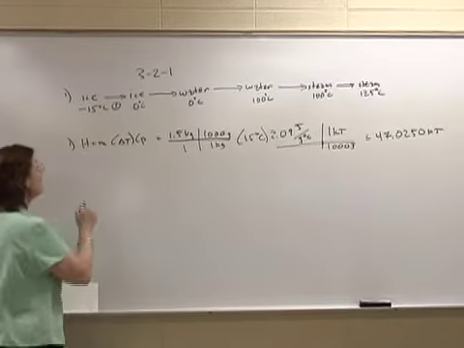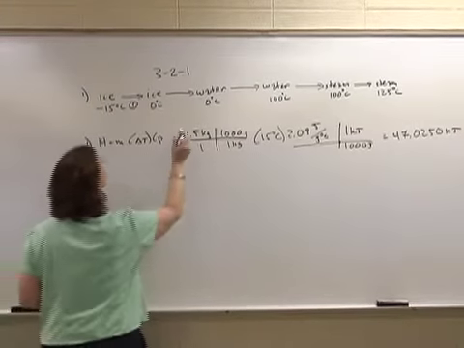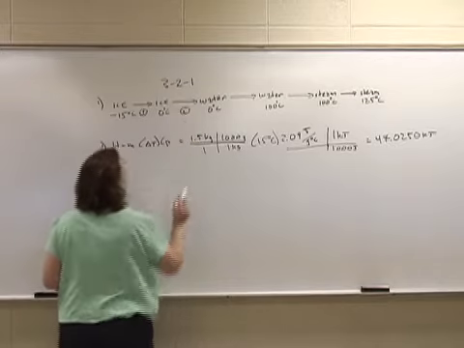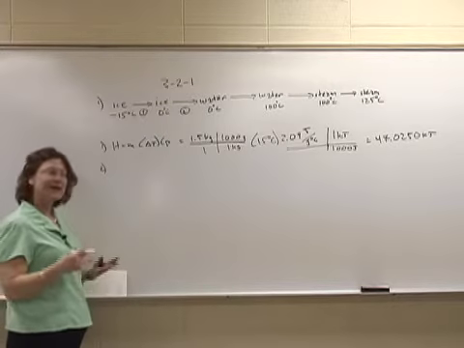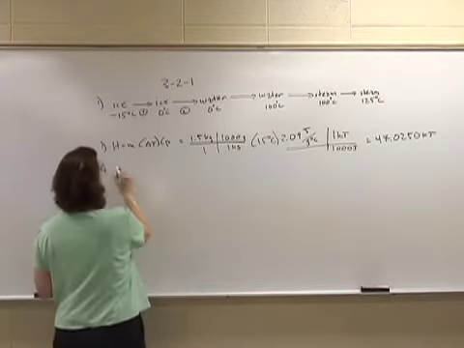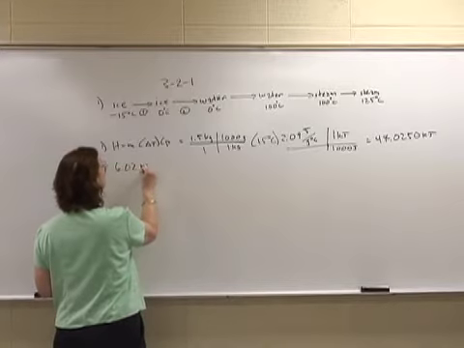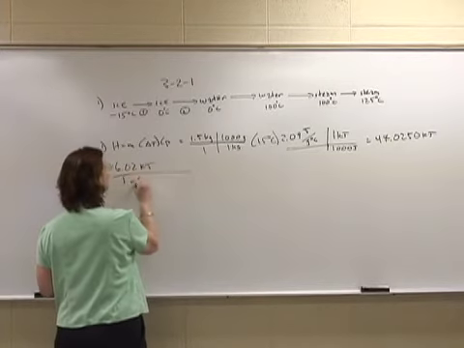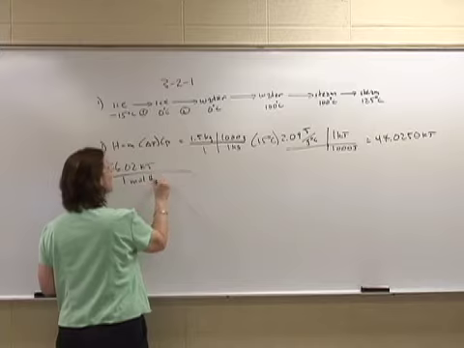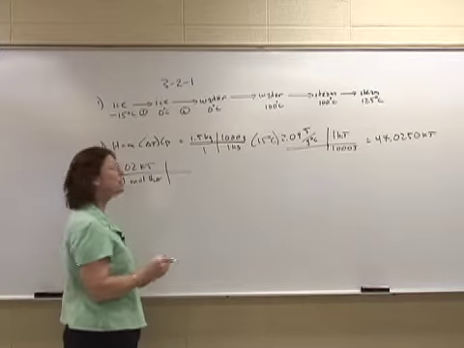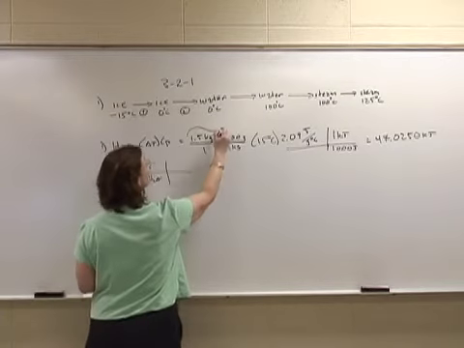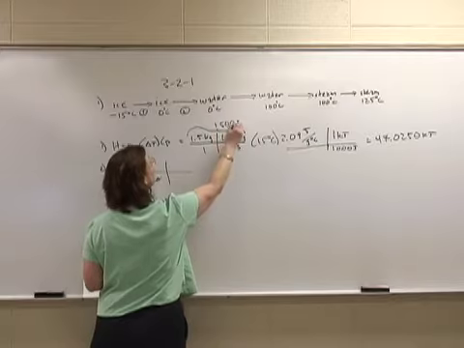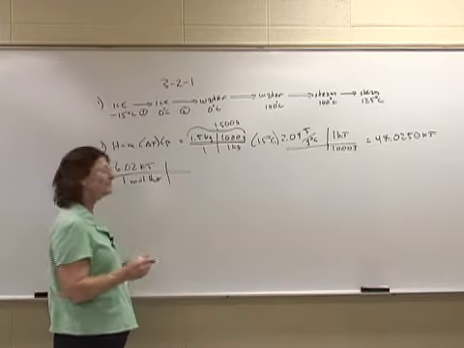Step 2 is a phase change. And we're actually melting that ice. And so we have 6.02 kilojoules is 1 mole of water. And we have 1,500, that's what I determined from this portion here. We have 1,500 grams of ice.